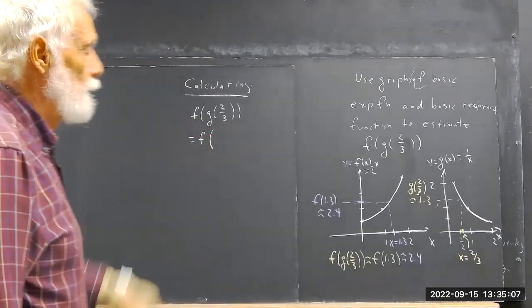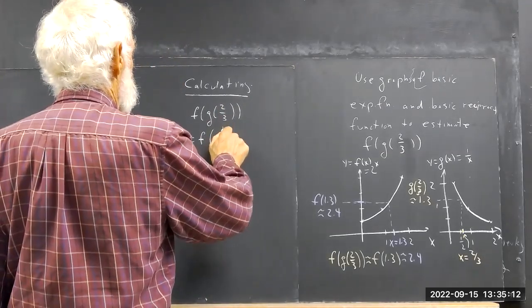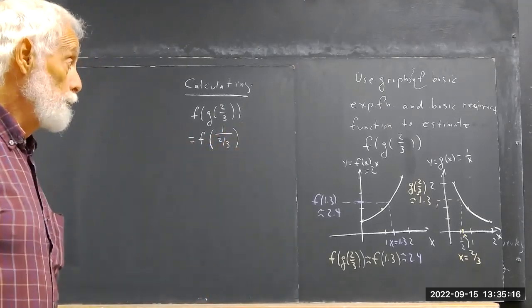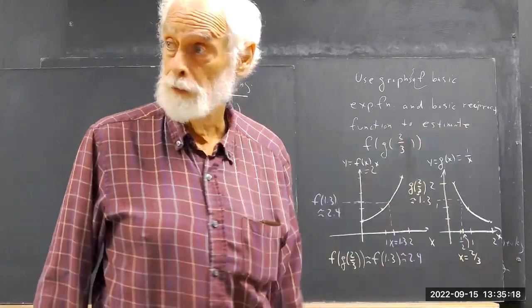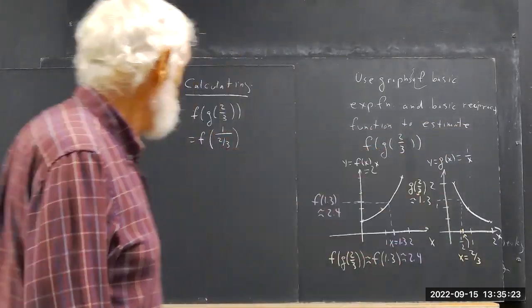Okay, what is g of 2/3? G of 2/3 is 1 over 2/3, because g of x is 1 over x. So we just plug 2/3 into the g of x function.